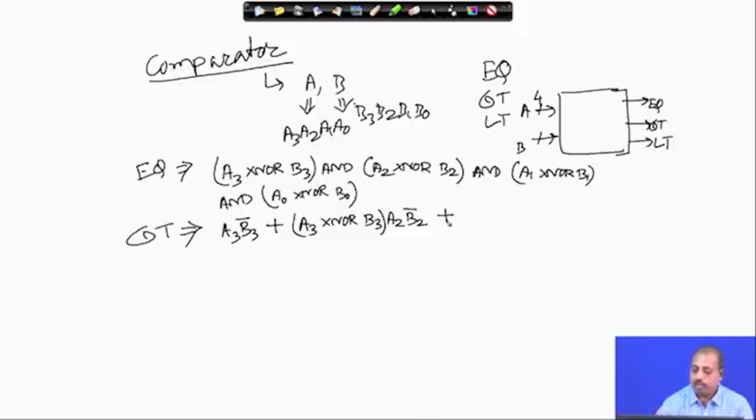Or the third condition is that A3 and B3 are the same, A2 and B2 are the same, but A1 is 1 and B1 is 0.